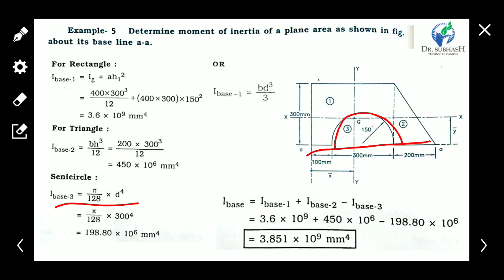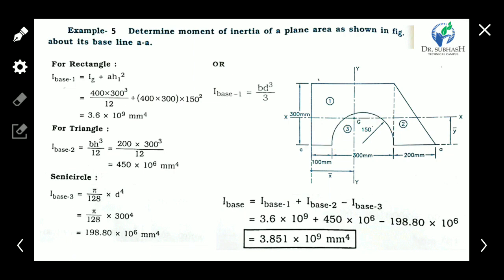The diameter of this semicircle is 300 mm, so 300 raised to 4, and finally we get the value of moment of inertia for this semicircle about the base axis as 198.80 into 10 raised to 6 mm raised to 4. Now we have the value of moment of inertia of the individual elements.